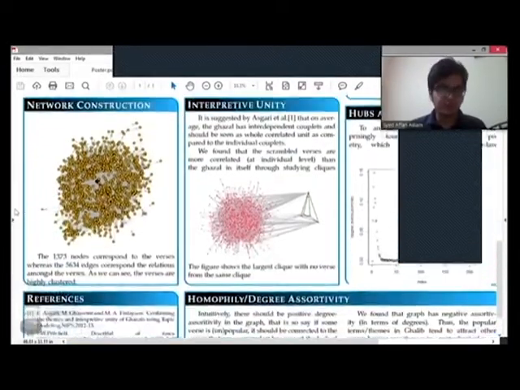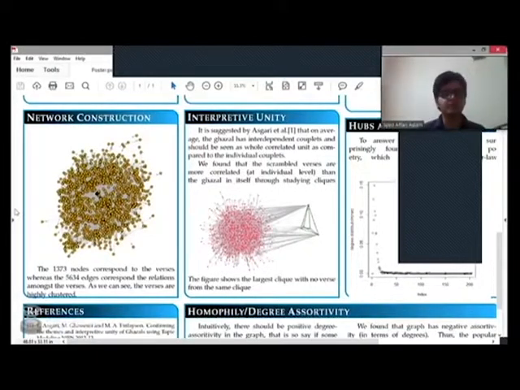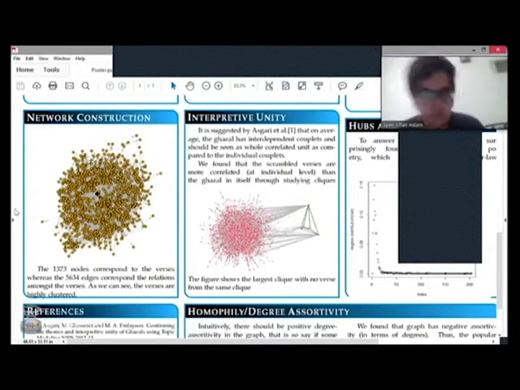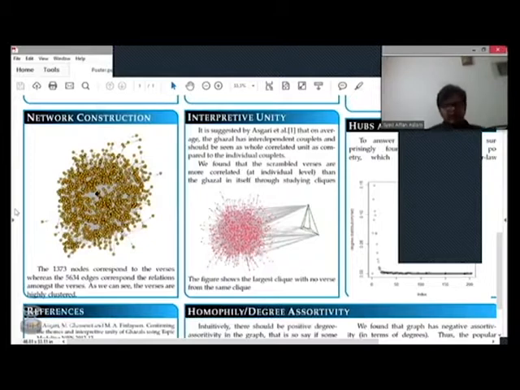The results we found were very surprising, because we were thinking that there would be certain clusters, since not everything can be related to something else. But when we looked at it from a bird's eye view, as you can see in this network construction, our graph is very congested and highly clustered.